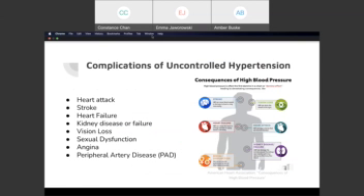So some complications of uncontrolled hypertension include heart attack, stroke, heart failure, kidney disease or failure, vision loss, sexual dysfunction, angina, or peripheral artery disease. However, hypertension is also known as a silent killer, so you might not experience any of these as symptoms, but this is what consistent high blood pressure can lead to.